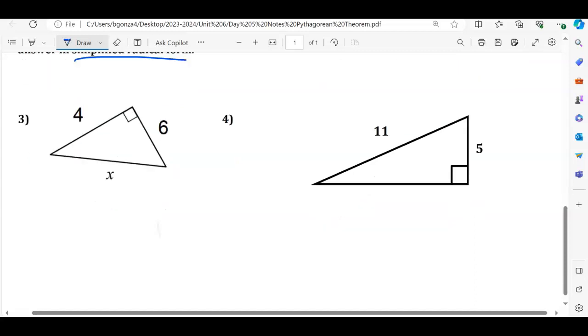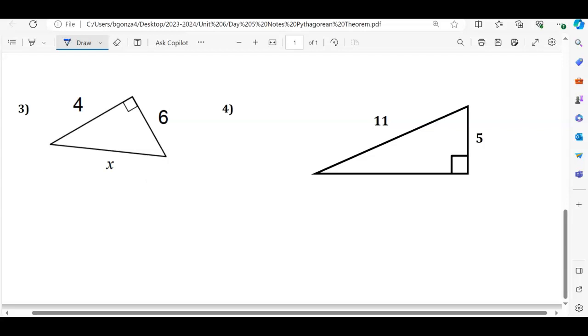Let's do number 3. Label A, B, and C for me. A and B are next to 90. Across from 90 is my C value. Now, by the way, do you have to label it? Well, if you know this stuff for sure, then don't worry about it. But you really got to know where A, B, and C are.